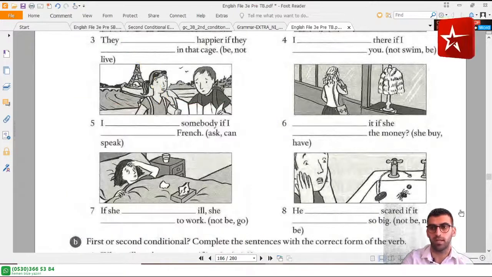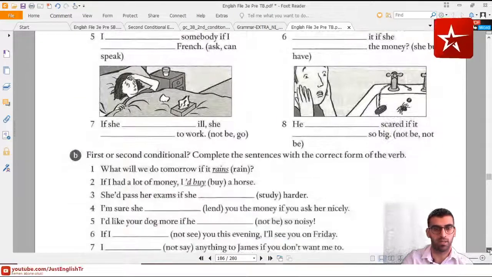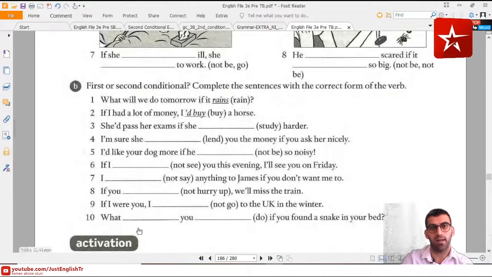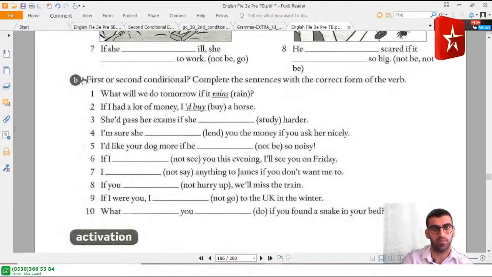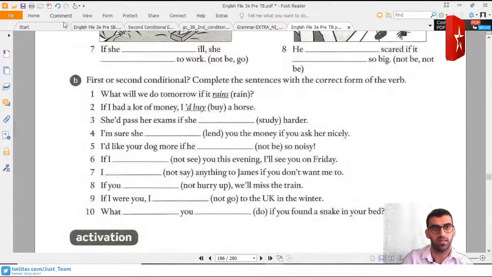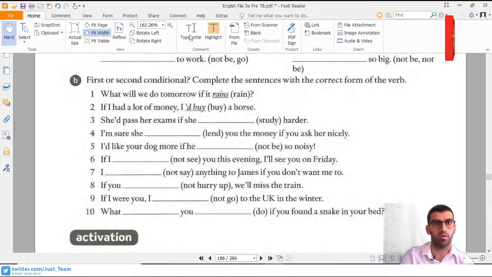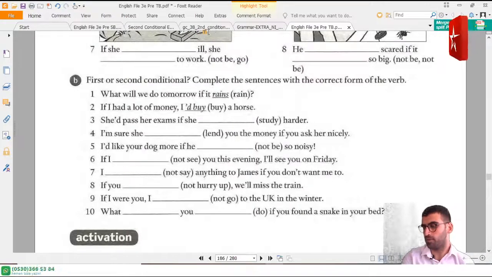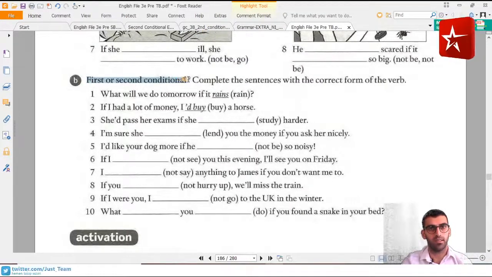Great, thank you guys. And the last exercise we will continue with, we have 10 sentences, first or second conditional. Yes, that's a really important task. First or second conditional sentences, guys. Here, be careful. What will we do tomorrow if it rains?